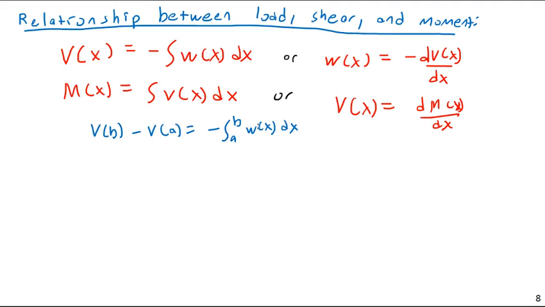When you integrate, you don't actually get the final value of the function, you get the change in the function between the two bounds of integration. And the same thing here: M of b minus M of a is equal to the integral from a to b of V of x dx. This is a differential equations thing, so you're going to need some boundary conditions, and we'll be looking at that as we go forward.